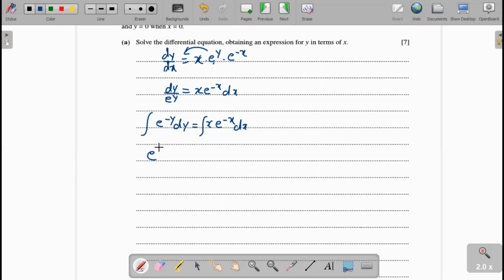We get e power minus y over minus 1. Now the integration of e power ax dx equals e power ax over a. This is the formula we use here. Now for the term x into e power minus x dx, we use the product formula of integration, which is given in formula 2.